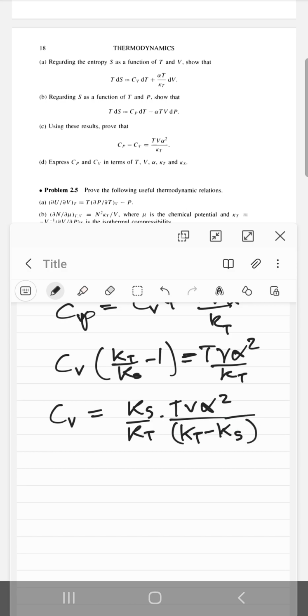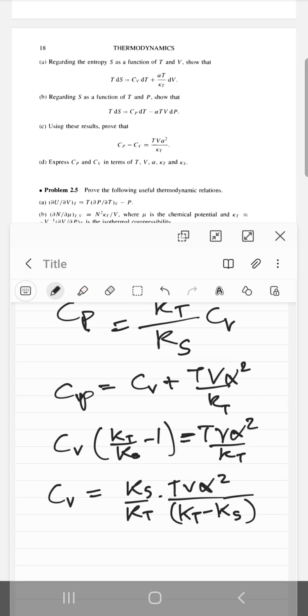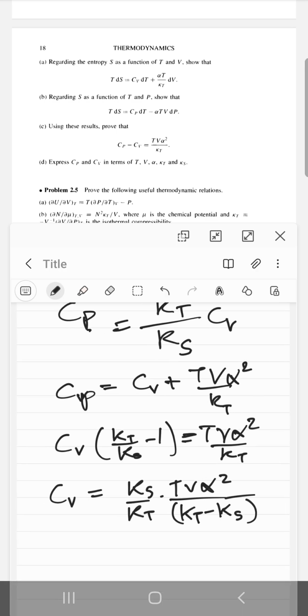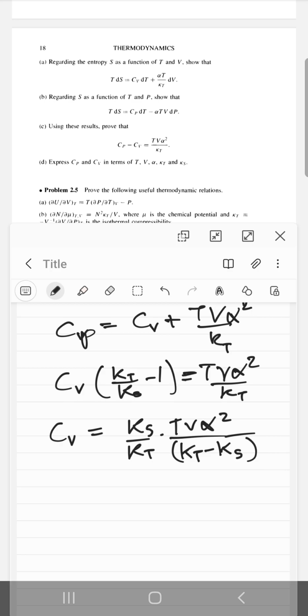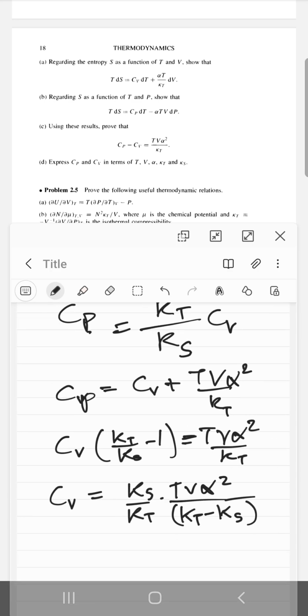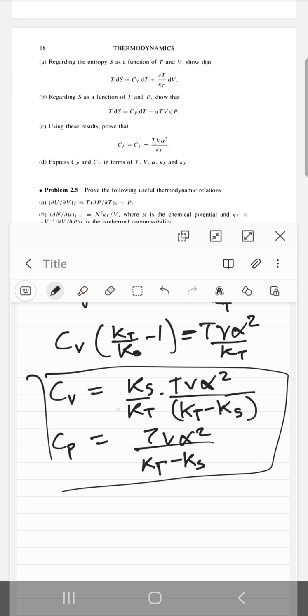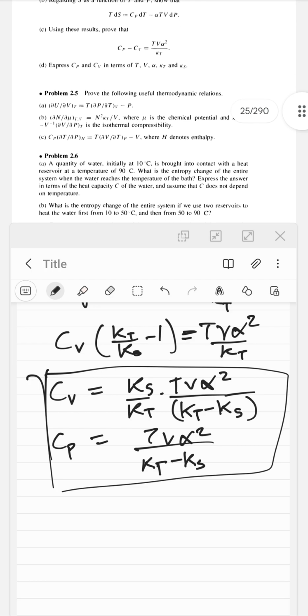Amazing, isn't it? Looks cool to me. Now using this you can get what Cp is, because that's just Kt upon Ks times this. So Cp is equal to Tv alpha square upon Kt minus Ks. These are our two results. I do not know about the validity of these two equations. They might be completely wrong, but as far as this is concerned, we have solved this.